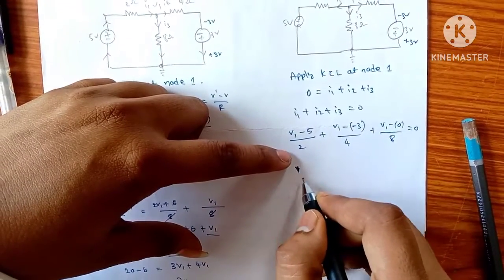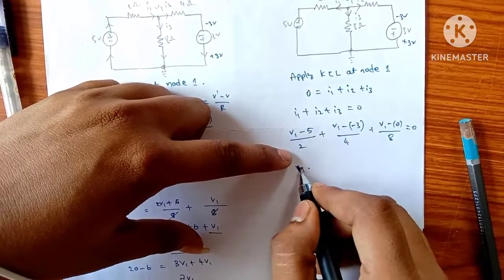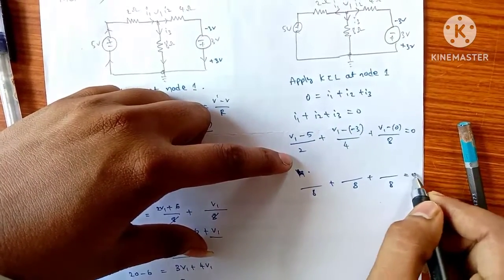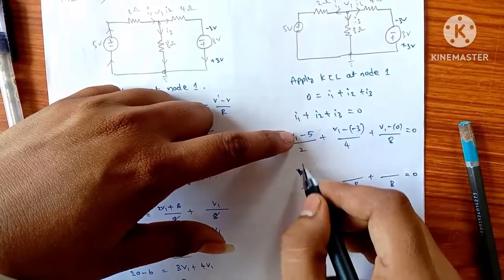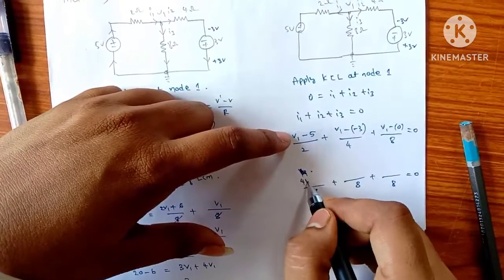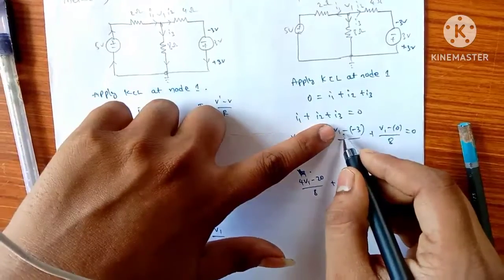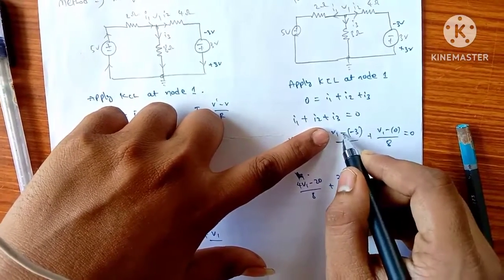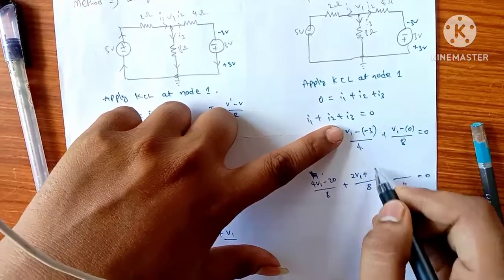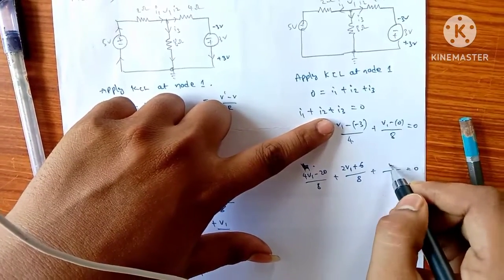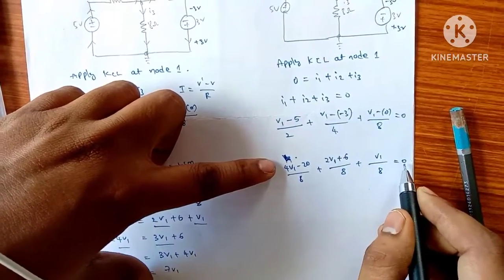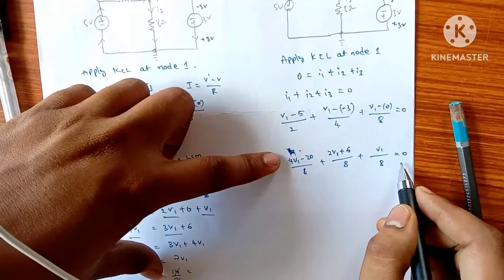So 8 plus 8 equals 0. 4V1 minus 20, 2V1 minus into minus plus 3, 2 sixes are 6. Here the denominator goes to the right side and cancels out.